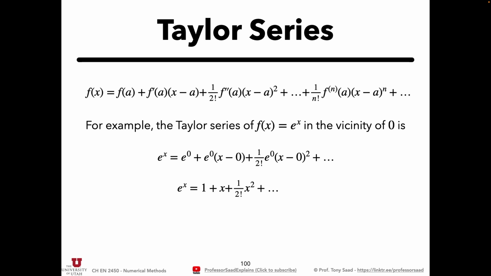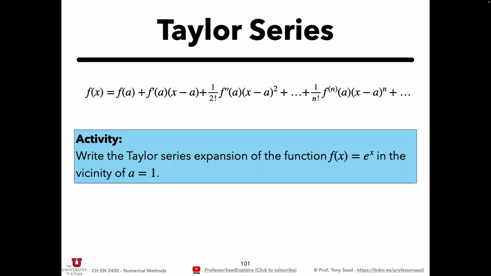Okay? So now here's your activity. Grab a pen and paper. Now I want you to write the Taylor series of the exponential in the vicinity of 1. Just an exercise. So a is equal to 1 right now. Just write me the formula. Write a few terms, like the first 3 terms.